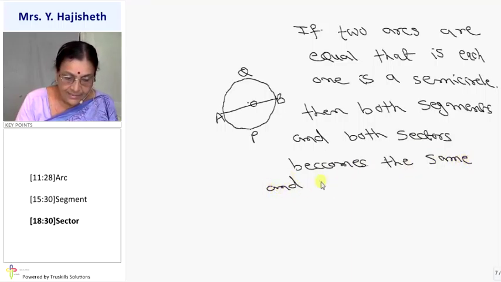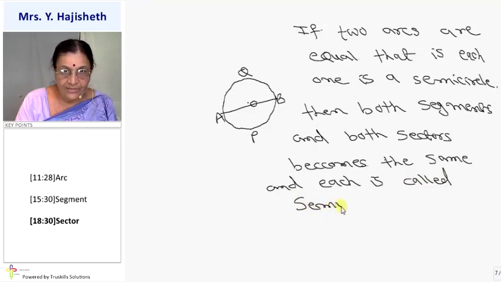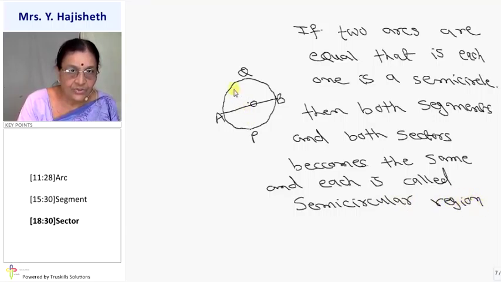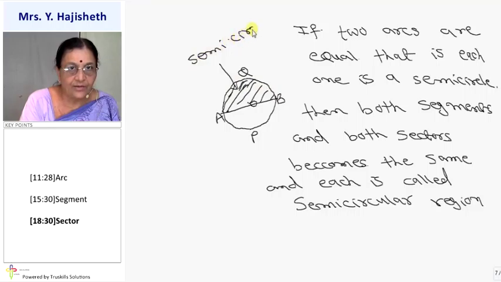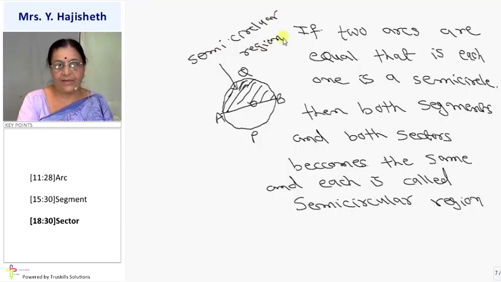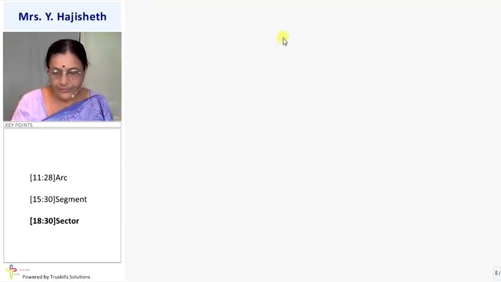And each is called a semicircular region. This upper side or lower side, each one is called a semicircular region. Clear?